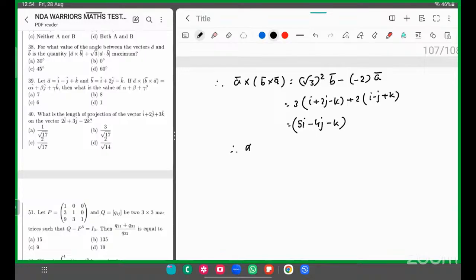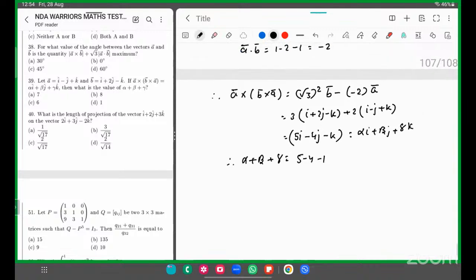So therefore alpha I plus beta J plus gamma K. So alpha plus beta plus gamma is 5 plus 4 minus 1, which is equal to 8. Correct, option number B.